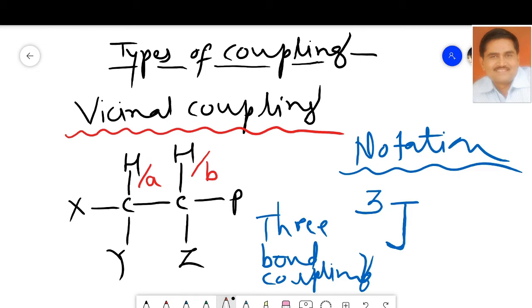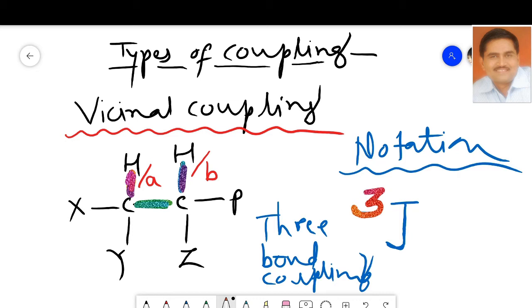I highlighted here 3 bonds. This is the first bond, this is the second bond, and this is the third bond. It means the distance between these coupling partners or coupling protons is 3 bonds. So that's why such type of coupling is noted by 3J.